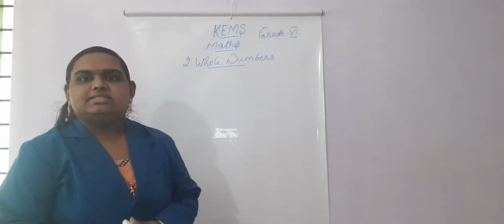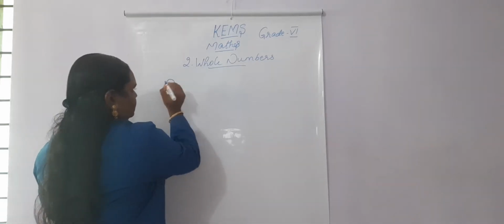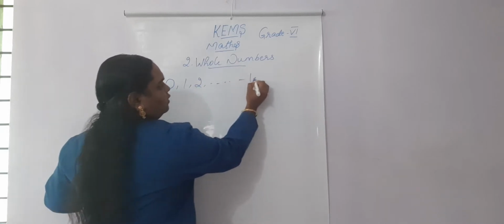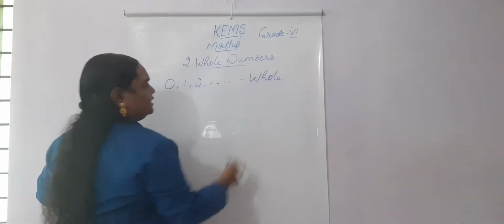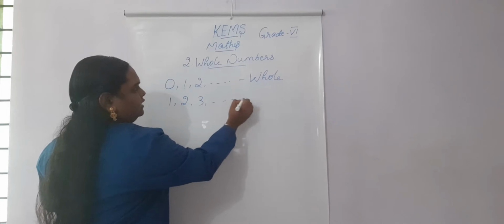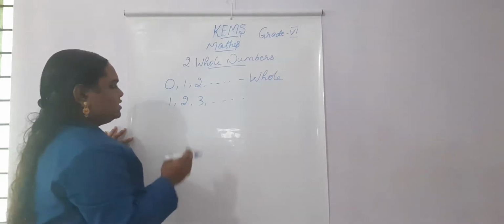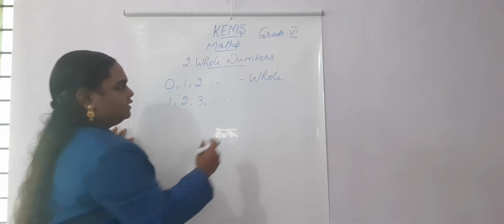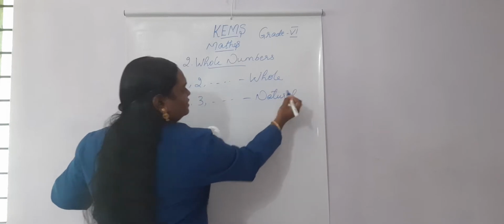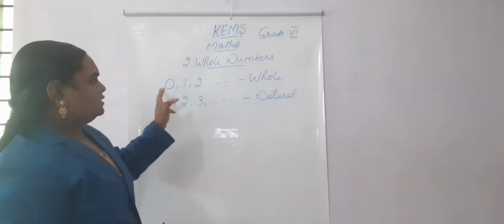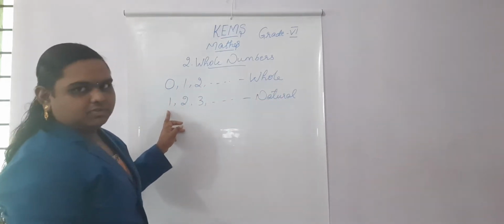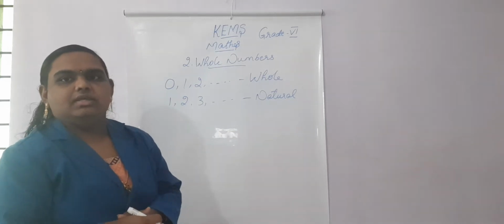The number that starts with 0 is known as a whole number. If a number starts with 1, 2, 3, etc., then it is known as a natural number. So, the number that starts with 0 is known as whole numbers, and if the number starts with 1, then it is known as natural numbers.